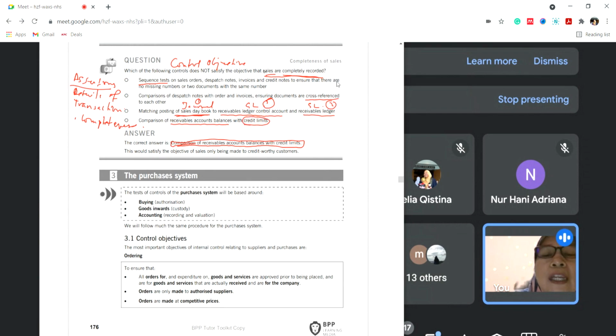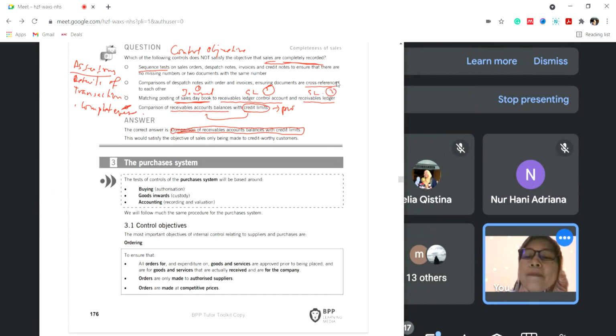So if they compare with the credit limit, you will only see the proper approval, the creditworthiness of the customer, not the completeness of the transaction. So that's why bullet D is the answer. I want everyone to know how the answer arrived, like Hani's answer just now.